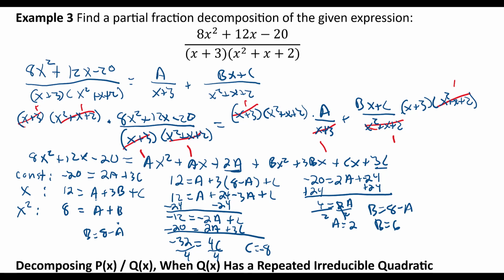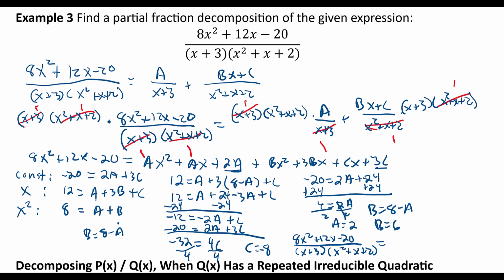So what do we start with? 8x squared plus 12x minus 20 over x plus 3 times x squared plus x plus 2 equals, and here's the fun part, because we did all the work already. Our A was 2, where's our A?